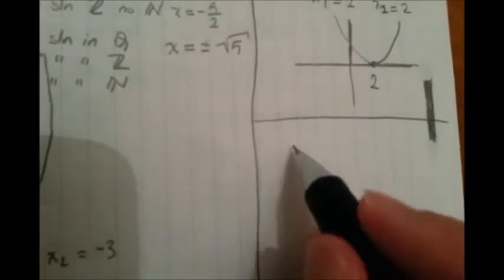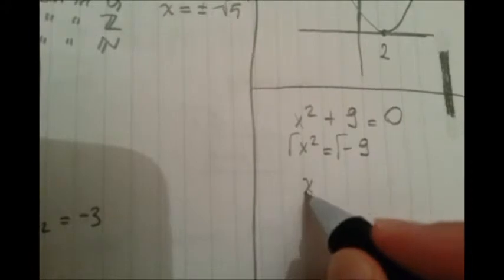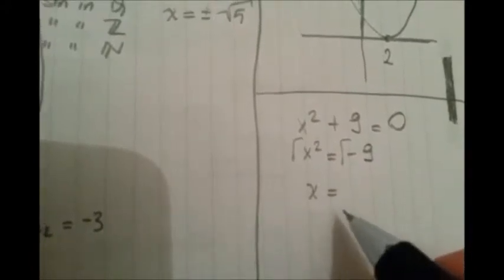But what about that one? x squared plus 9. What about this one? If we try to solve it, we get x squared equals minus 9, and if we take the square root of both sides, x equals the square root of minus 9. What is that?